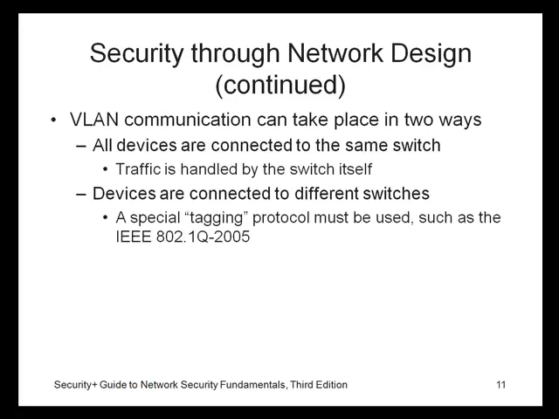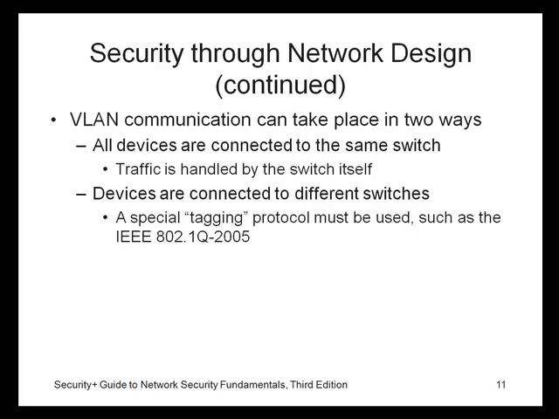VLAN can take place 2 ways. I think we probably already covered this when we talked about tagging. Tagging is a tag that's attached to the packet. And when it gets to the switch, the switch strips the tag off and sends the packet to the correct VLAN. If we're going to do routing, then we've got to configure the port on the router to understand VLAN tagging.